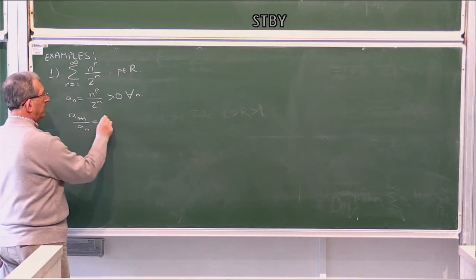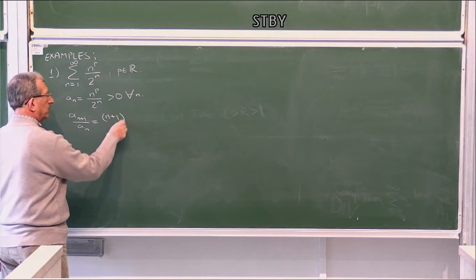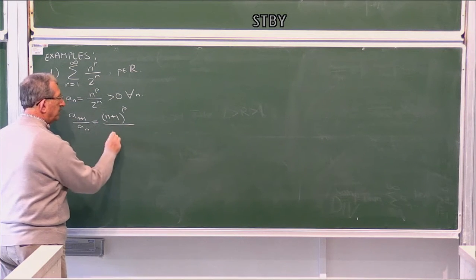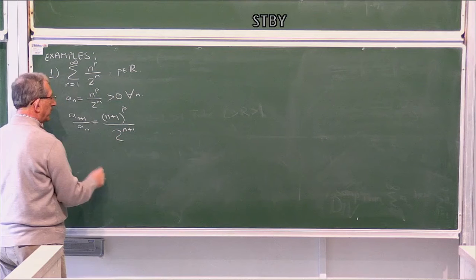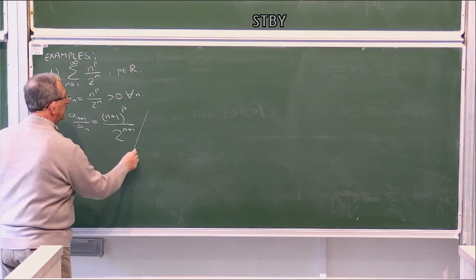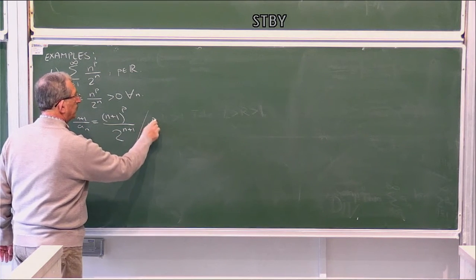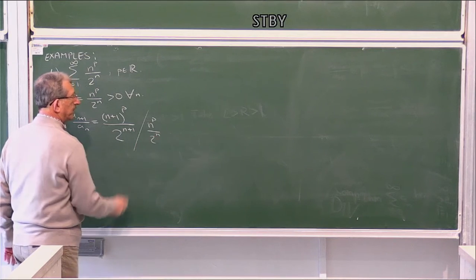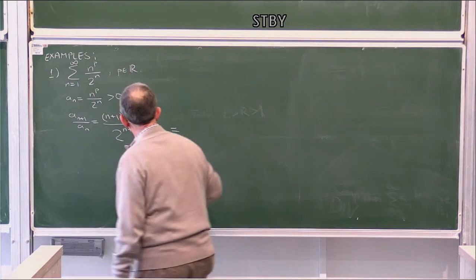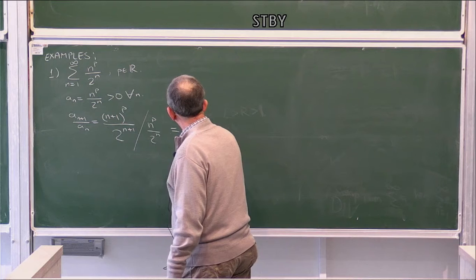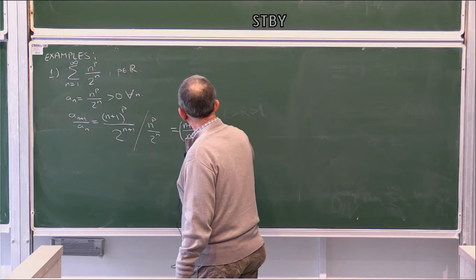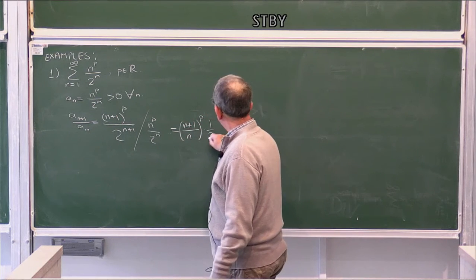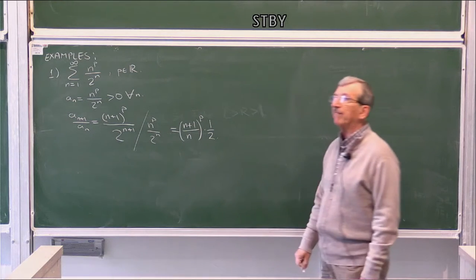That would say you have (n+1) to the p divided by 2 to the n+1, that is a_{n+1}, divided by n to the p over 2 to the n, which happens to be (n+1) over n to the power p multiplied by 1/2.